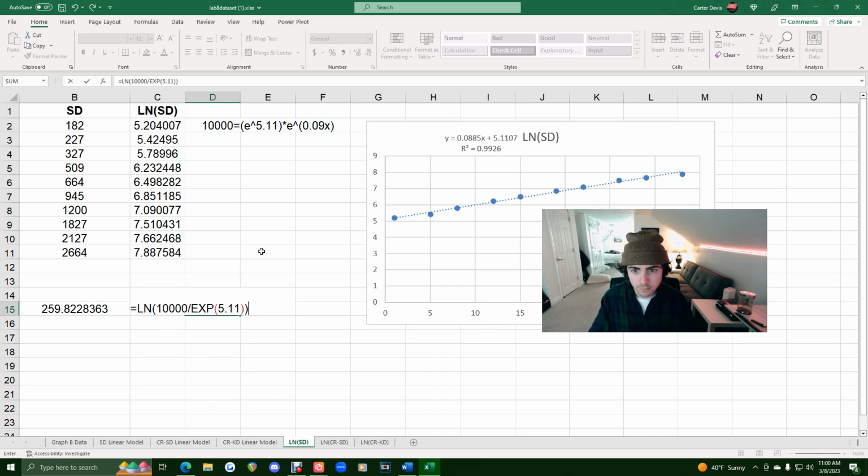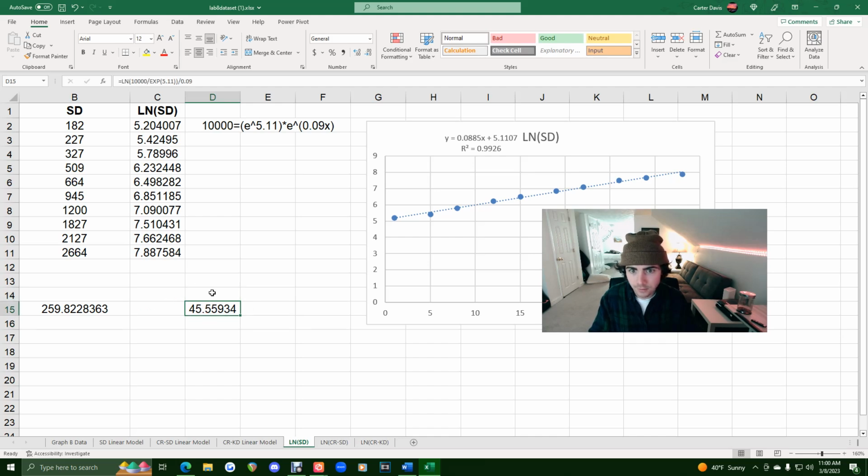Bam. That's our first part. We've divided by the e term, and then we've taken the natural log of both sides to get rid of e, to get 0.09x by itself. Then we divide by 0.09 to get x by itself. All right, that was ln. We should just be able to close that off and divide by 0.09. Okay? All right. It's going to take 45 days.